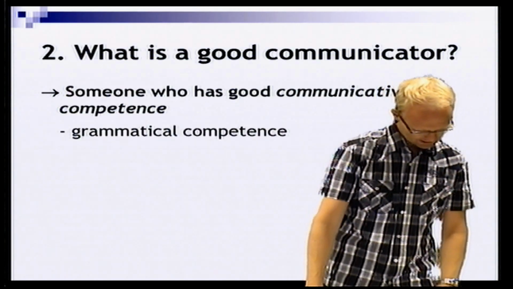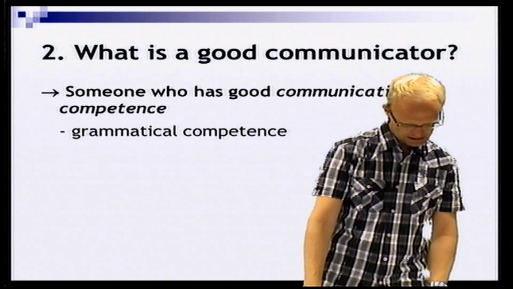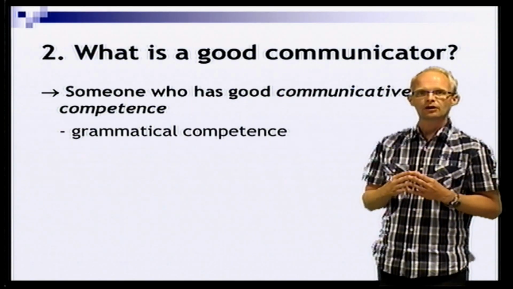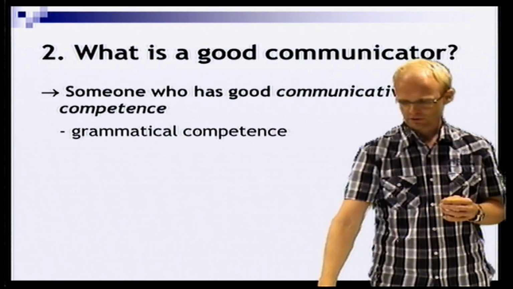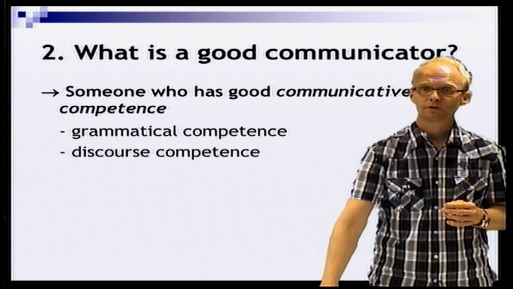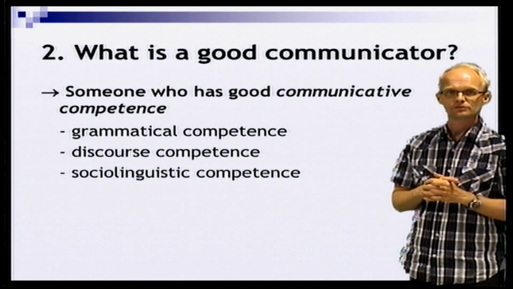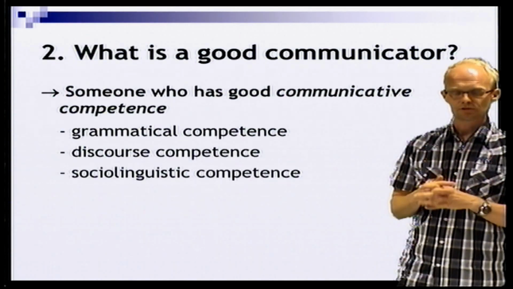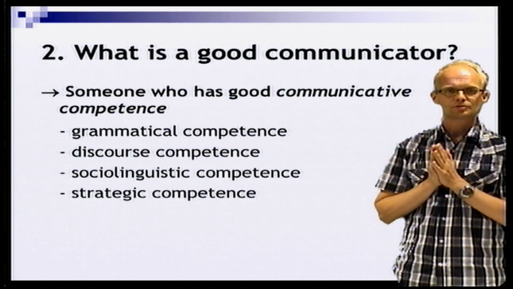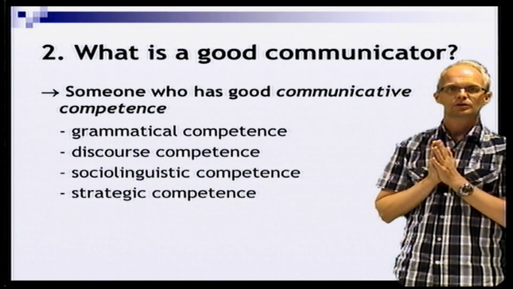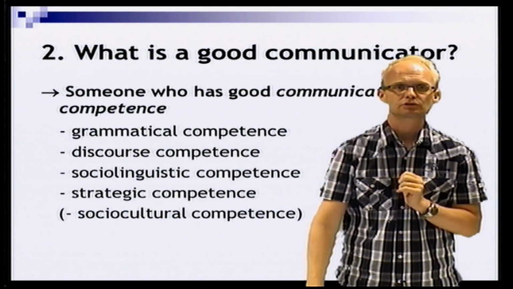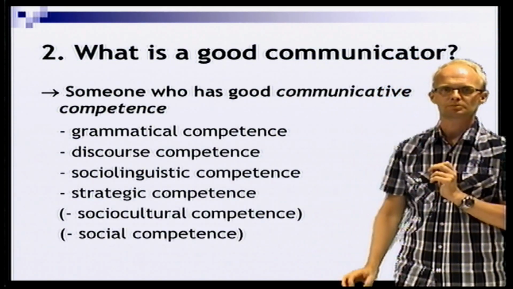So what they say is that in order to have good communicative competence, you need to have grammatical competence, discourse competence, sociolinguistic competence, strategic competence, and you need to have sociocultural competence and social competence.